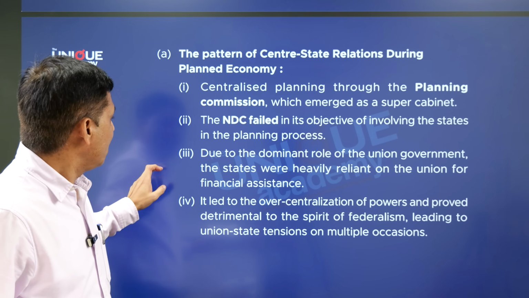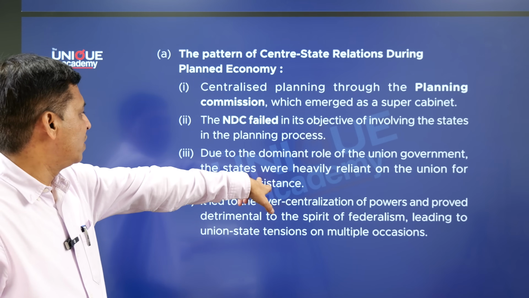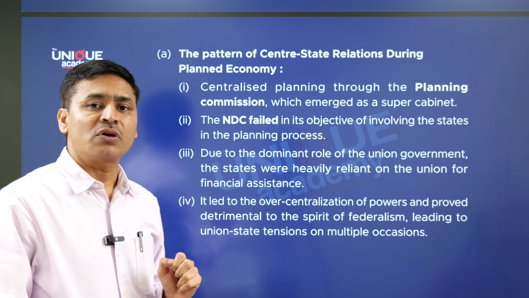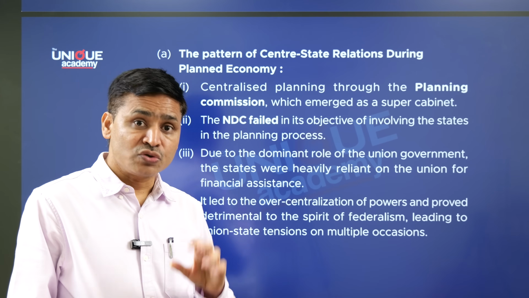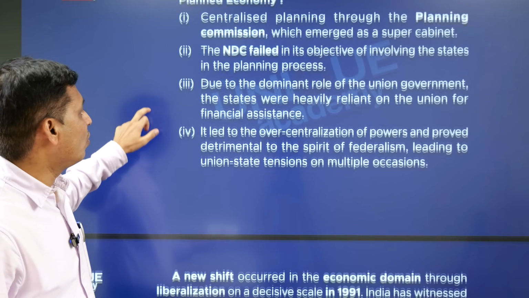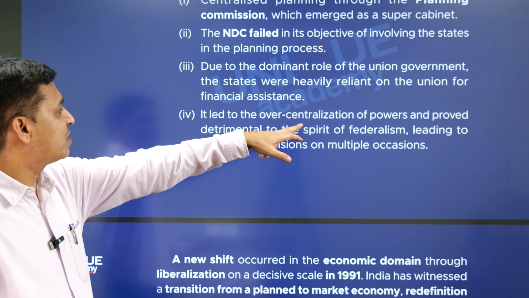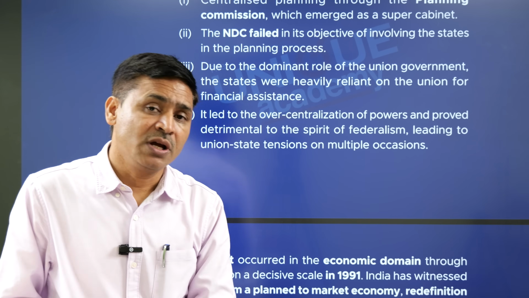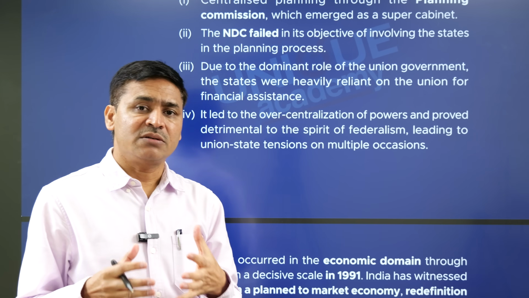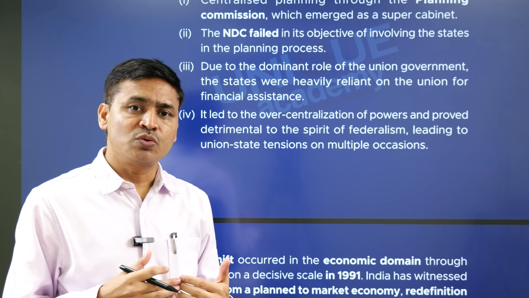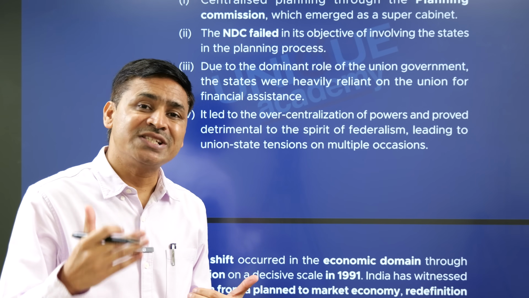Okay. Due to the dominant role of union government, the states were heavily reliant on the union for the financial assistance. So centralized planning has different aspects. It led to the thus over centralization of powers and proved detrimental to the spirit of federalism. Because in federalism, what we expect as far as the planning process is concerned is to give more and more participation to the states.